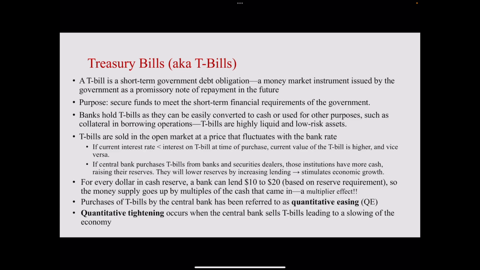For every dollar in cash reserve, a bank can lend $10 to $20 based on reserve requirement. So the money supply goes up by multiples of the cash that came in. So we have a multiplier effect. Purchases of T-bills by the central bank has been referred to as quantitative easing. Quantitative tightening, on the other hand, occurs when the central bank sells T-bills, leading to a slowing of the economy.